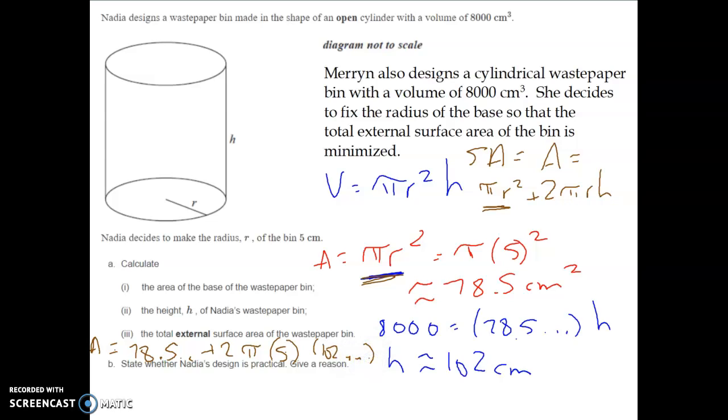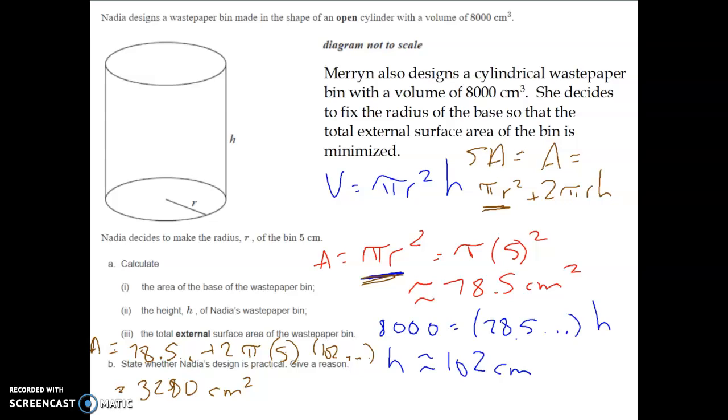And again, I'm going to type all that in my calculator using those whole values, and I'm going to end up with an area of 3,280 once I round to 3 sig figs. That's an 8. And then area units are centimeters squared. So there's my answer to part 3.